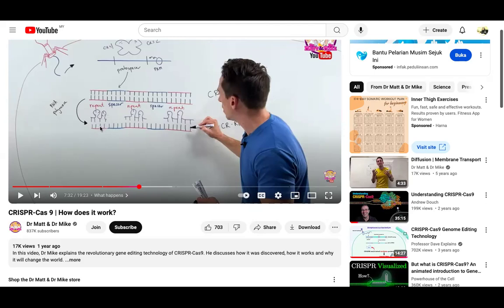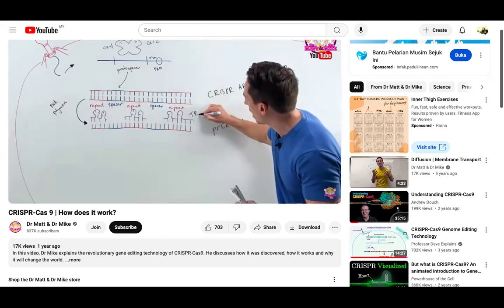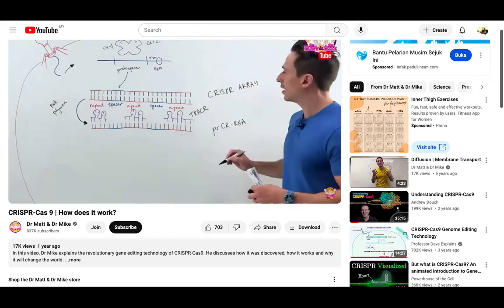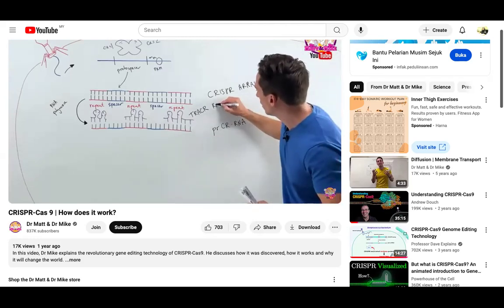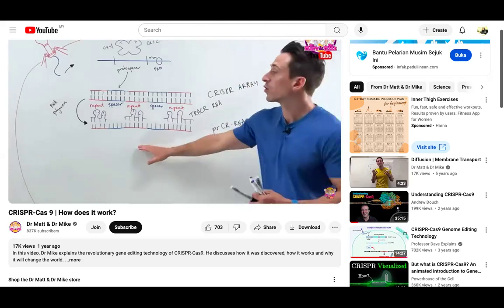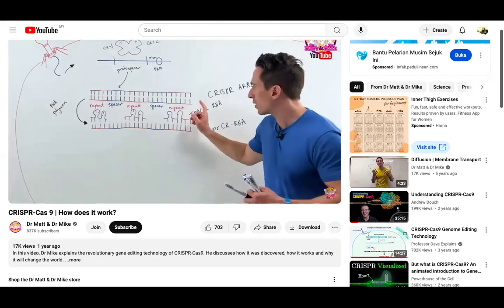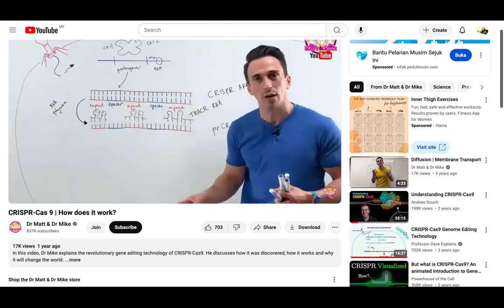These two are transcribed by RNA polymerase from the DNA of the bacteria. This is called tracrRNA, tracer RNA. So what we've now transcribed is two RNA strands: a pre-CRISPR RNA and a tracer RNA that's bound to a repeat, but we've got multiple tracer RNAs.